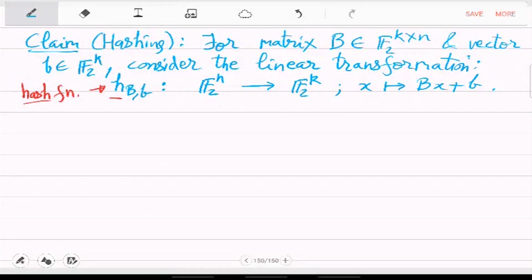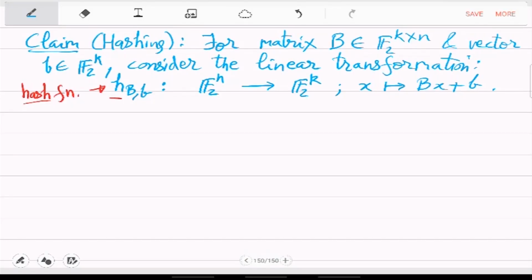If you have seen hash functions before, fine; if you haven't, then this is the definition. It's just a linear transformation, just a linear map, shrinking the ambient space. This is useful in computer science because if your data is coming from a big ambient space, but you know that the data has a small amount of information, then you can try to shrink the big ambient space into a small ambient space, preserving the information.